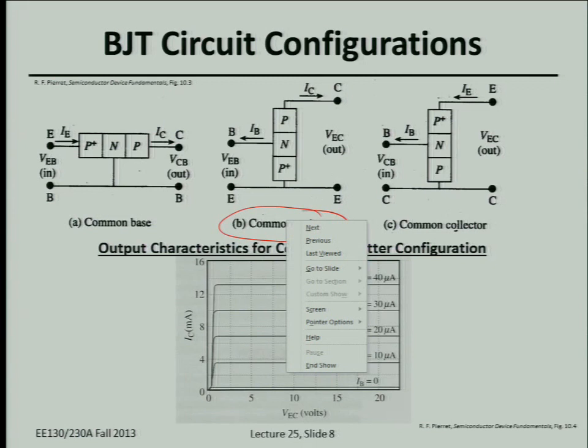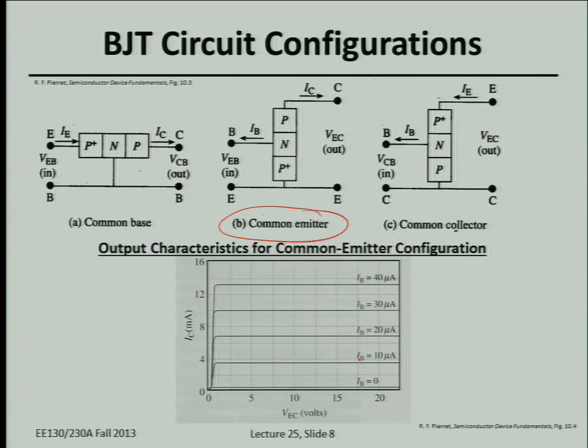So these characteristics here are for common emitter. These are output characteristics. This is the input, which is applied between the base and emitter. The output current is the collector current, and the output voltage is the voltage difference between the emitter and the collector.